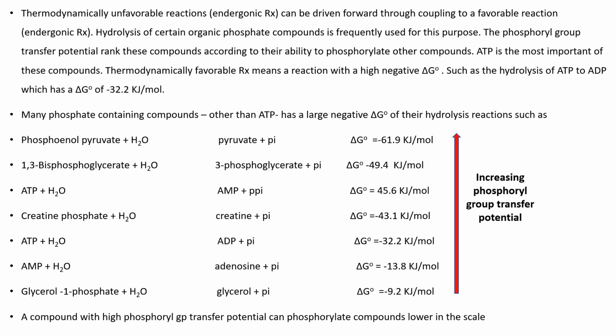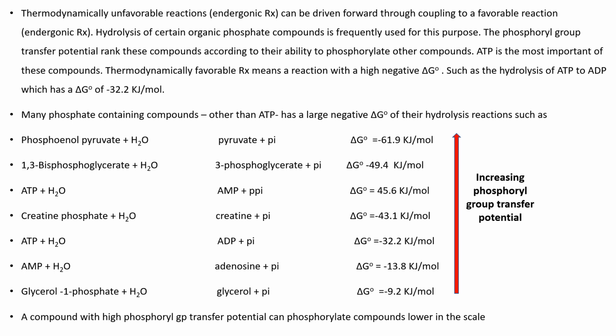Many phosphate-containing compounds other than ATP have a larger negative delta G node for their hydrolysis reactions, and we listed these compounds and their delta G nodes. This is a descending arrangement, and the red arrow points to the increased phosphoryl group transfer potential.